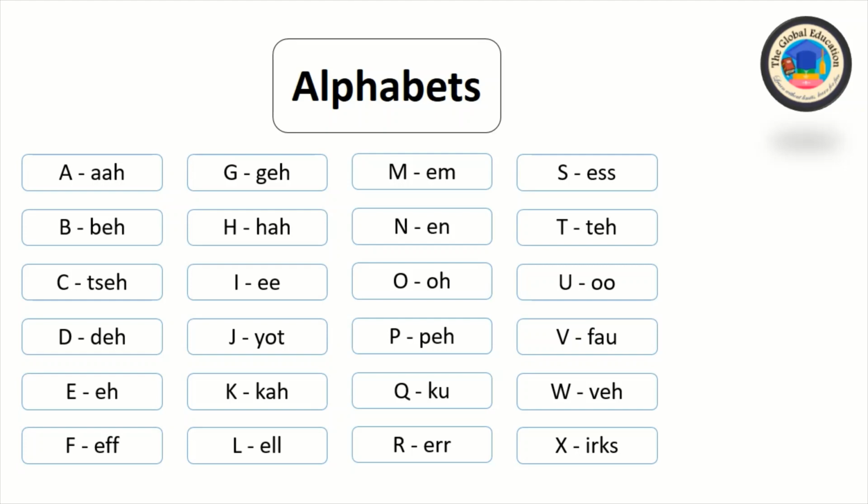X, like X, it's called IRKS, like IR S. Y is called Epsilon. Then Z, Z, Z. So all these 26 alphabets.